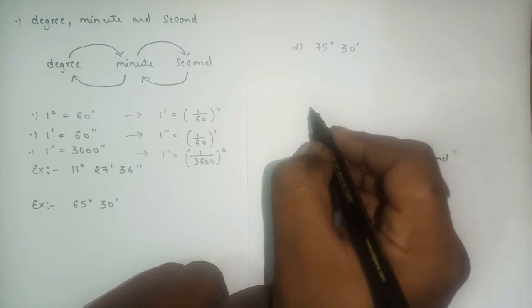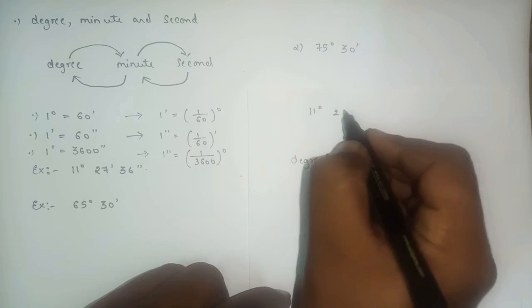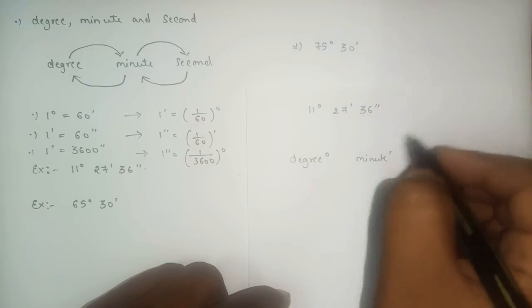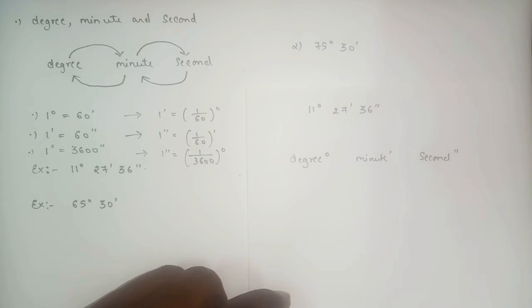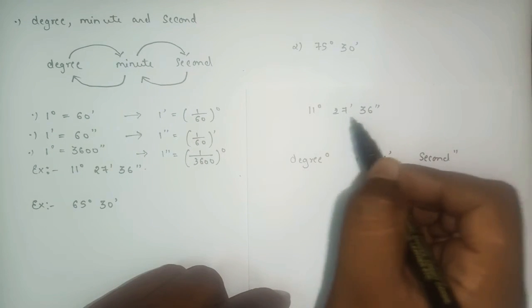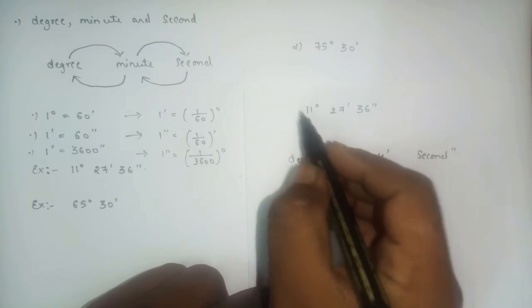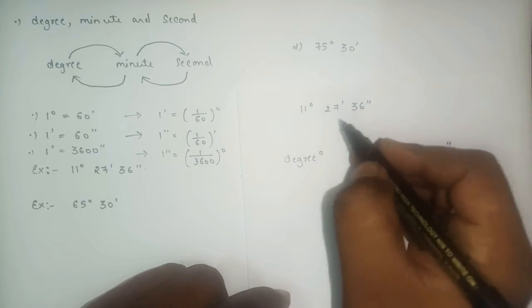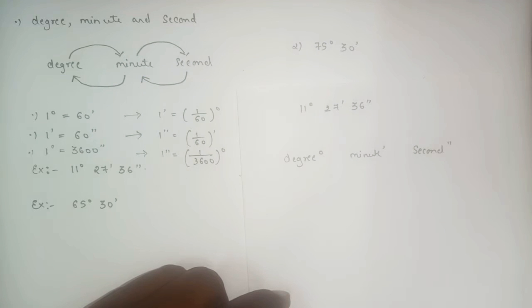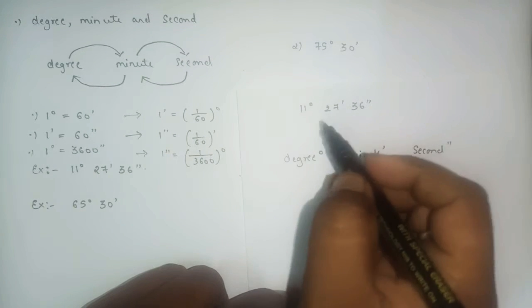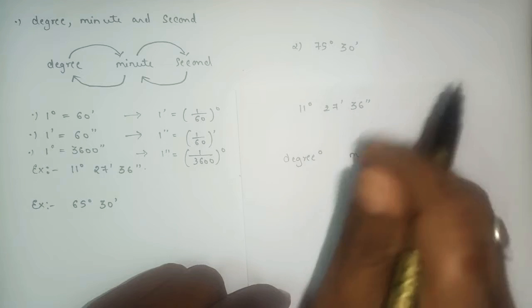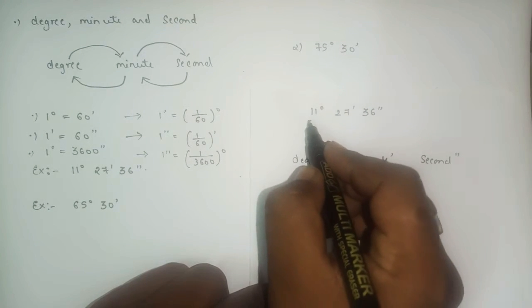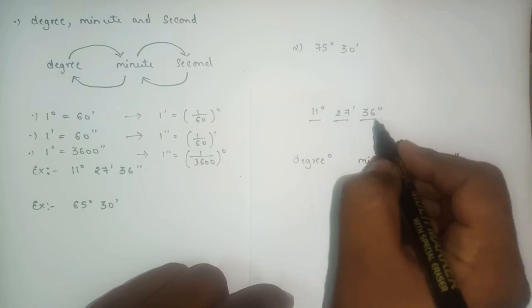Suppose I say 11 degree, 27 minute and 36 second. Here we don't have millisecond or nanosecond, we have only degree, minute and second. So how do we read this? I guess you all might know how to read 11 degree, 27 minute and 36 second, as you had seen in geography, latitude and longitude.